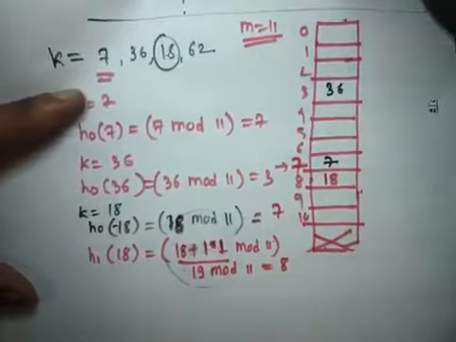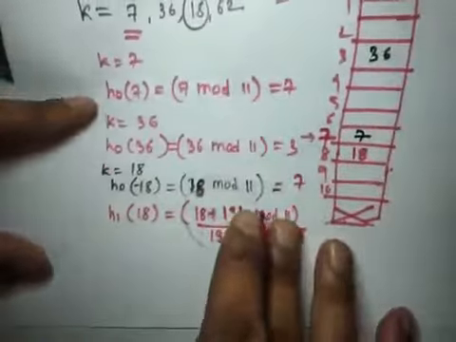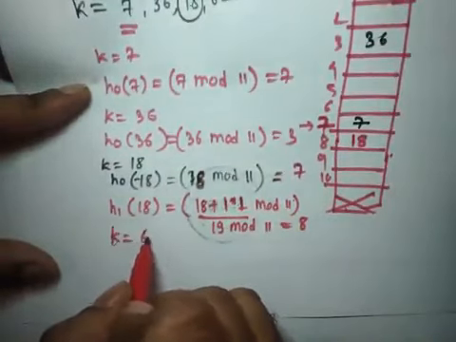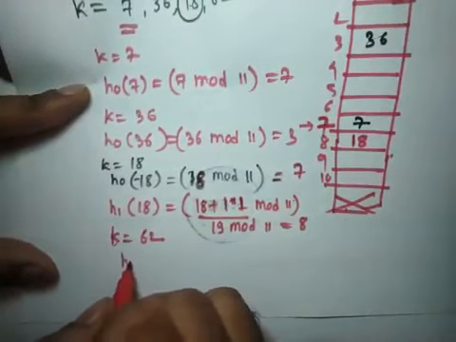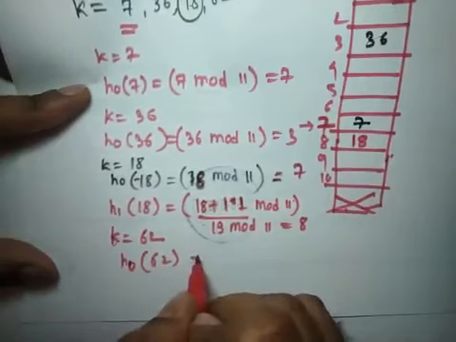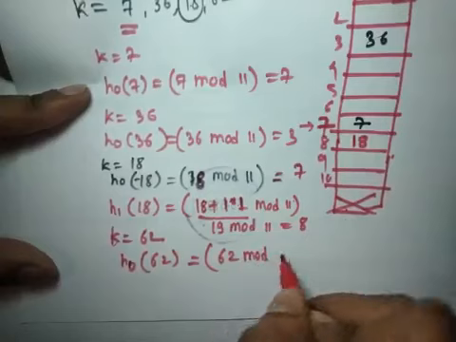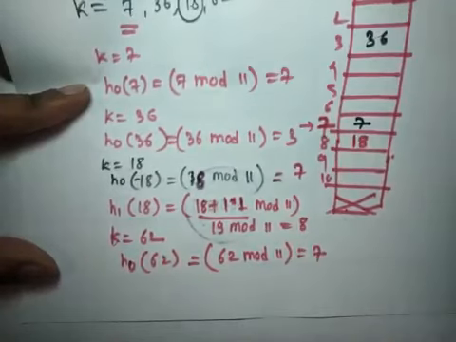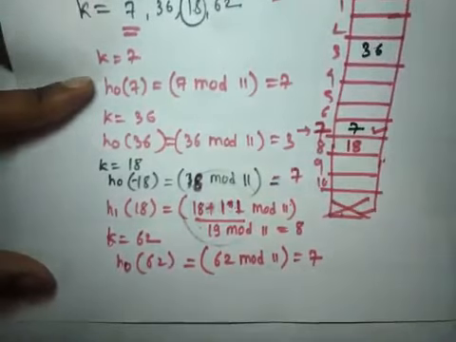Now let's take another key, that is 62. So h of 0 for 62 is equal to 62 mod 11. So it will produce index location 7 again. Now index location 7 is already filled with element 7.